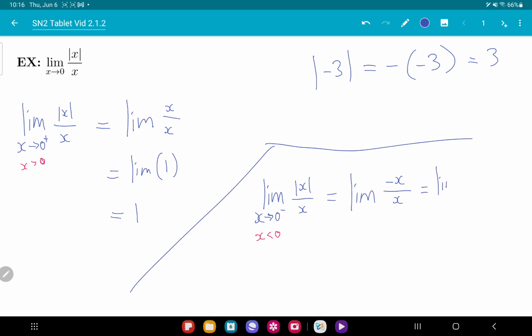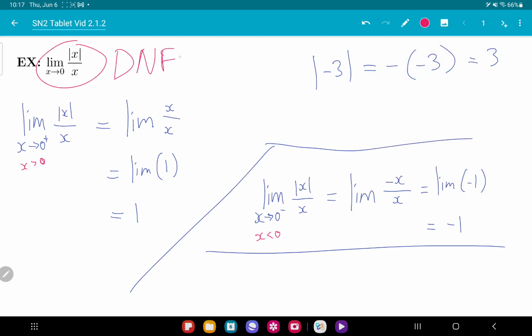So we get limit of negative 1, which is, of course, negative 1. Okay, what happened? My one-sided limits didn't agree. So therefore, this guy is a big DNE. Okay, it does not exist.